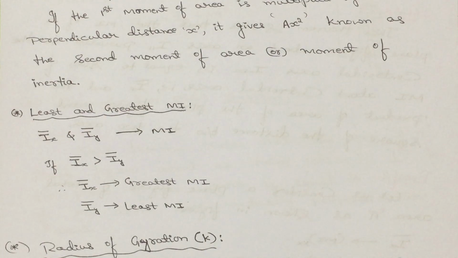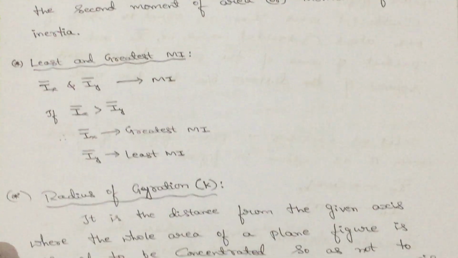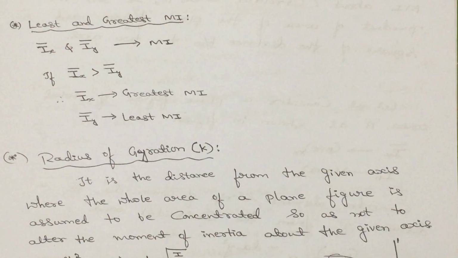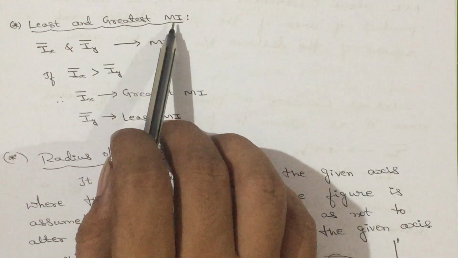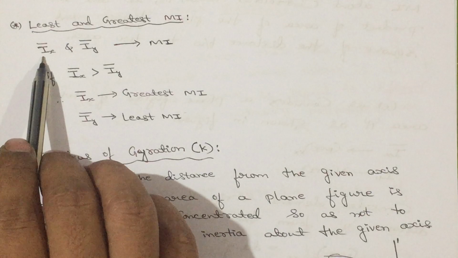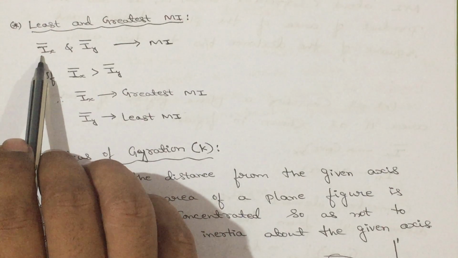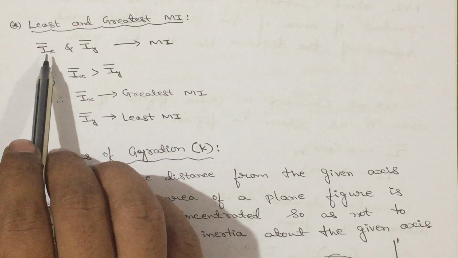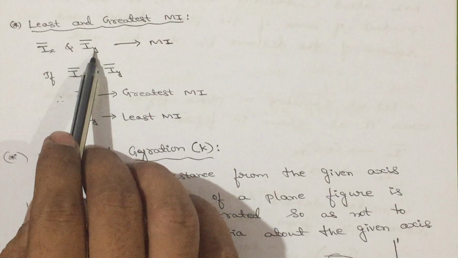Here we come across some basic terms. Let us look into that. What do you mean by least and greatest moment of inertia? We know that moment of inertia is indicated by I. We calculate it with respect to the x axis and y axis, so we call them Ix bar and Iy bar.